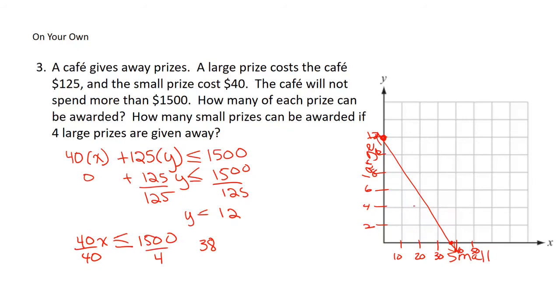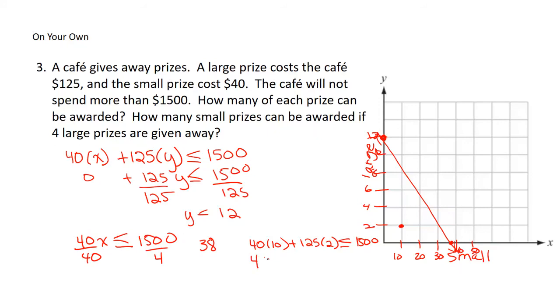So let's just choose something easy. Let's say when x is 10, y is 2. So 40 times 10, plus 125 times 2. And we want that to be less than or equal to $1,500 because we don't want to spend more than that.